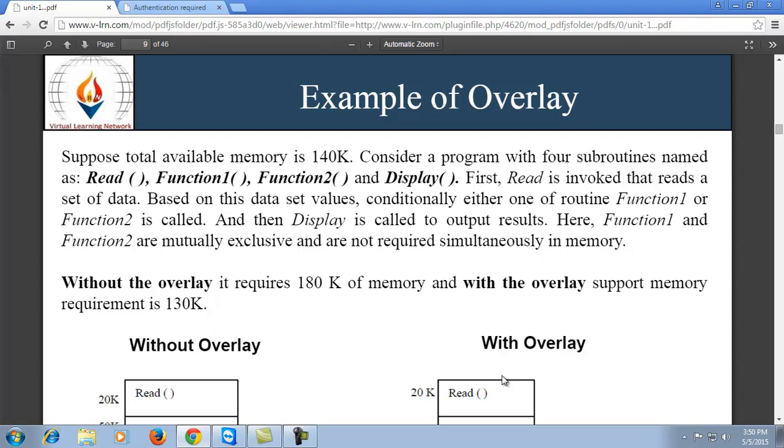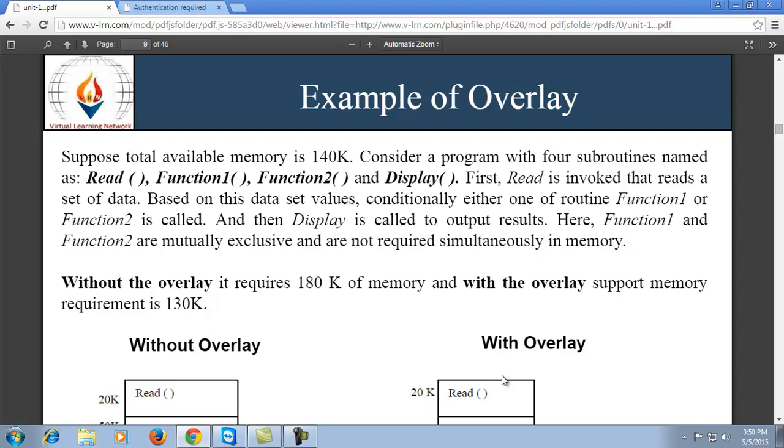Based on this data set value, conditionally either function 1 or function 2 is called, and then display is called to output results. Here function 1 and function 2 are mutually exclusive and are not required simultaneously in memory.